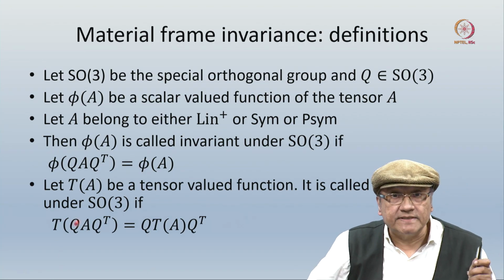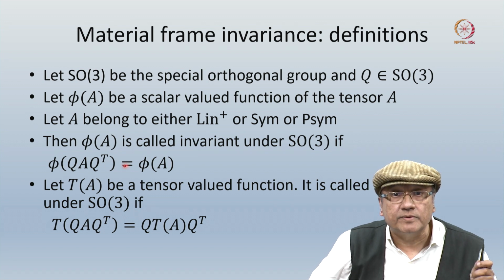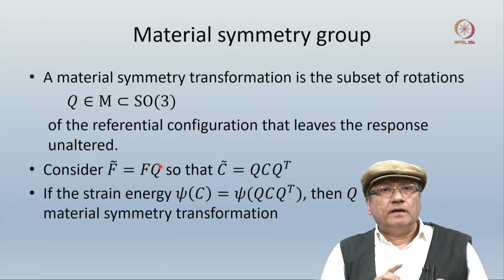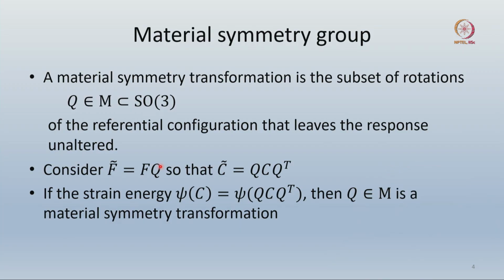If it is a strain energy like quantity, then it is a scalar field, and it will remain the same. So this subset of rotations Q, which is a subset of SO3 itself, call this subset M, under which the material response remains the same irrespective of whether you change the coordinates or not. That is called the material symmetry group.